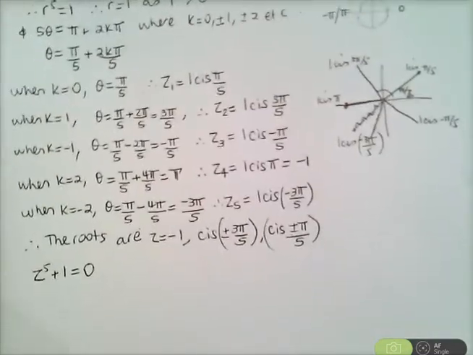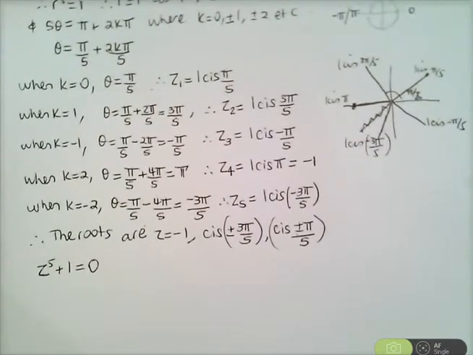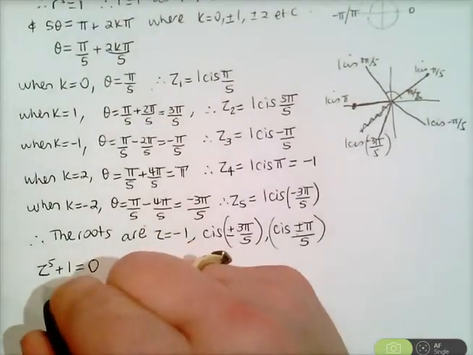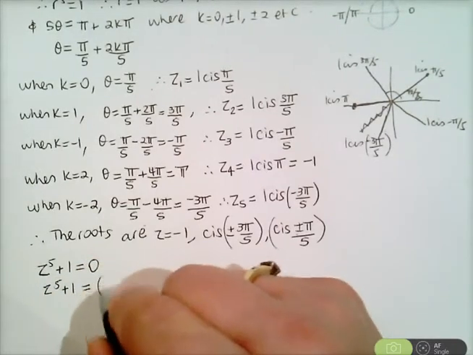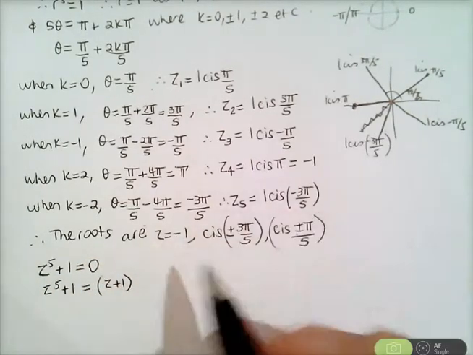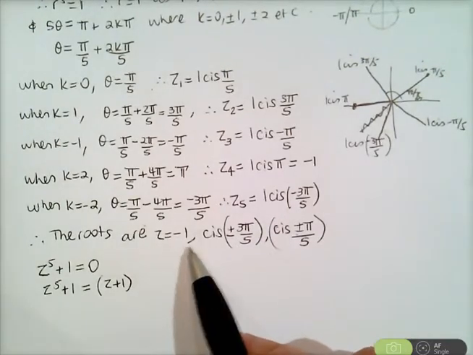So what we are able to do now is factorize this. We've got that z to the power of 5 plus 1 is equal to z plus 1, because remember it's z minus your root.